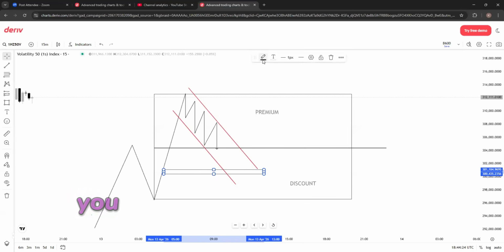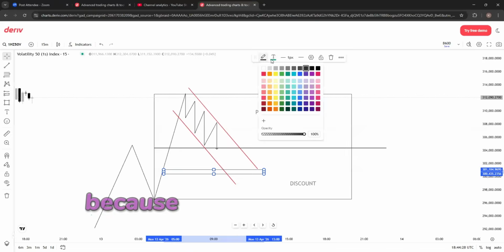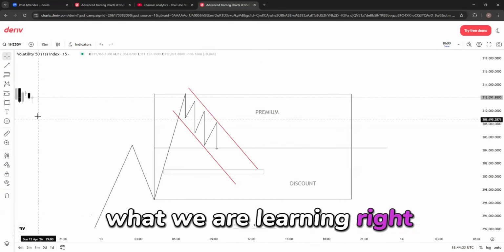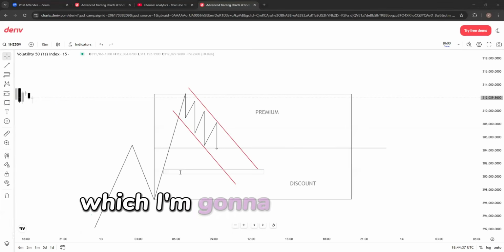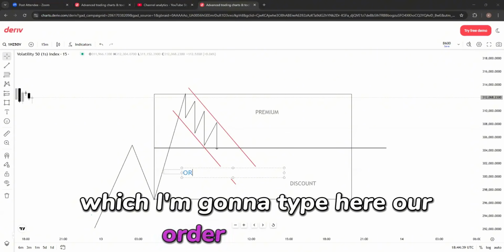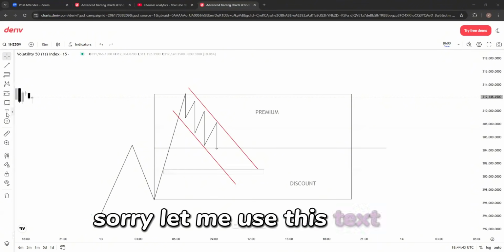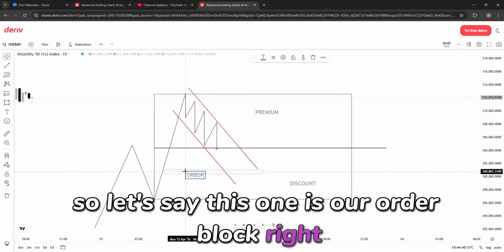These terms, you keep on hearing them over and over again because these are what really make what we are learning. So let's say this one is our order block, right?